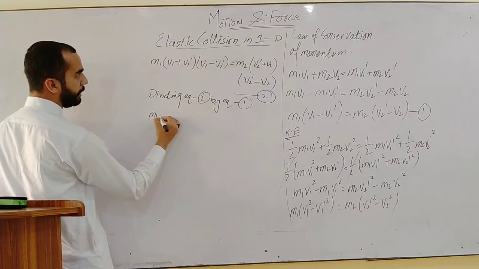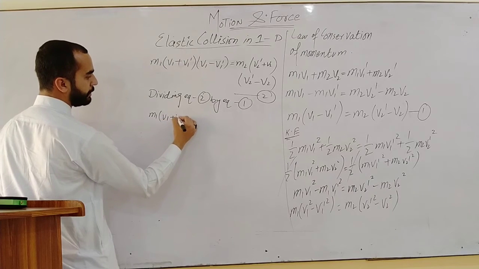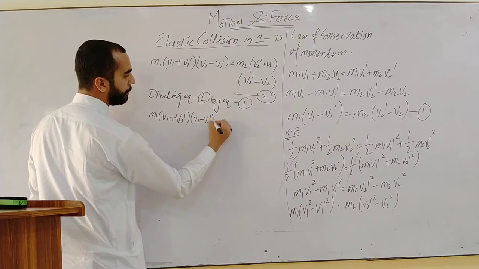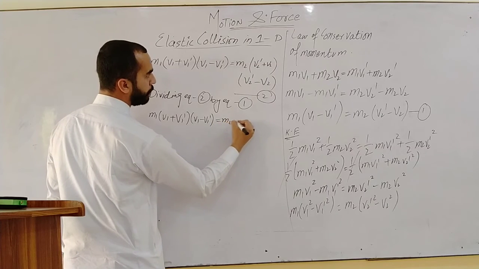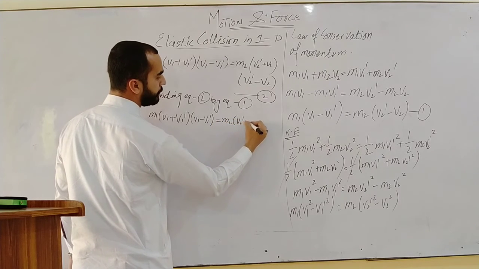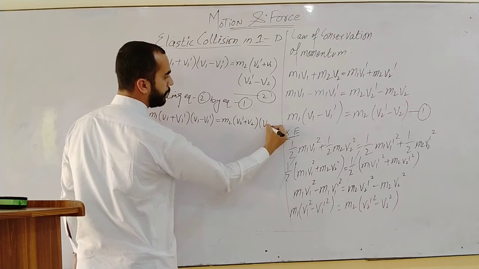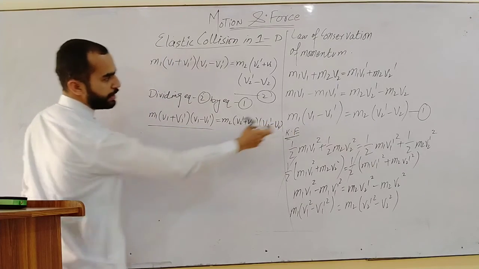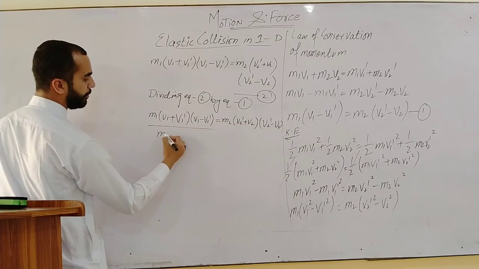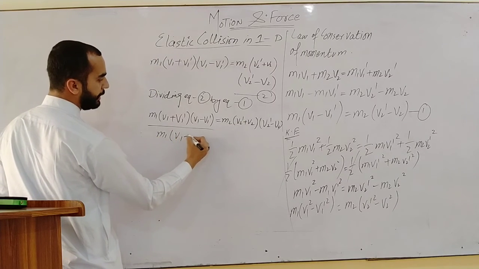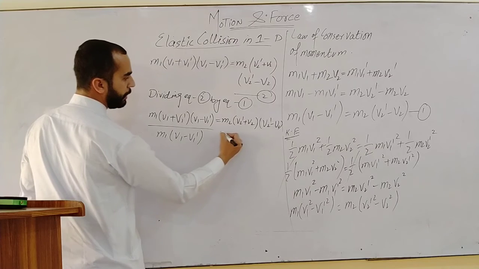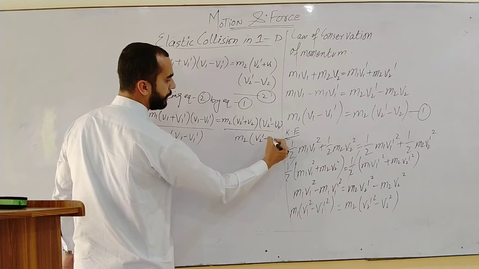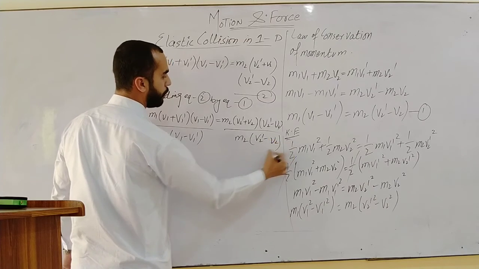So m1 (v1 plus v1 prime) into (v1 minus v1 prime) is equal to m2 into (v2 prime plus v2) into (v2 prime minus v2), divided by equation number 1, m1 into (v1 minus v1 prime) divided by m2 into (v2 prime minus v2).